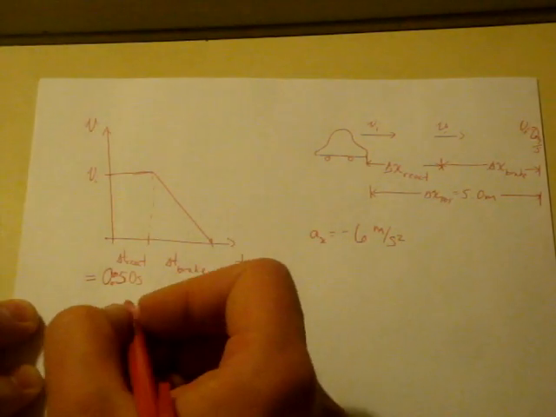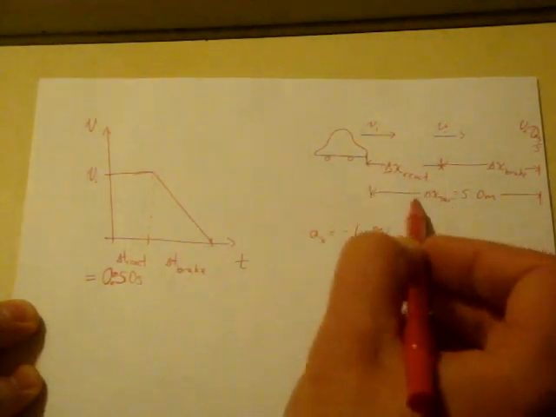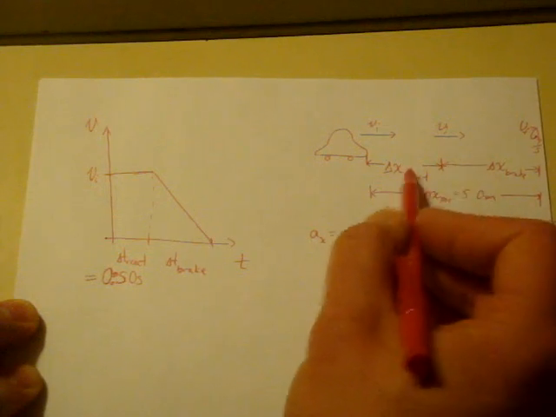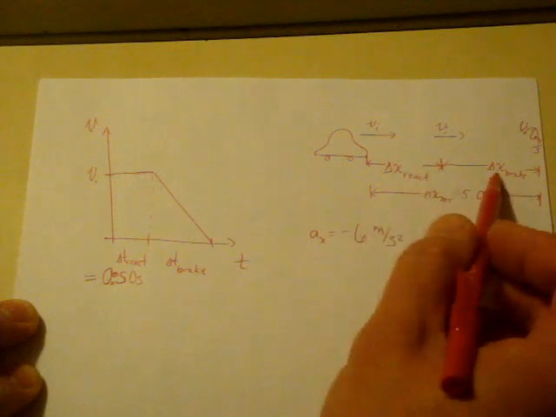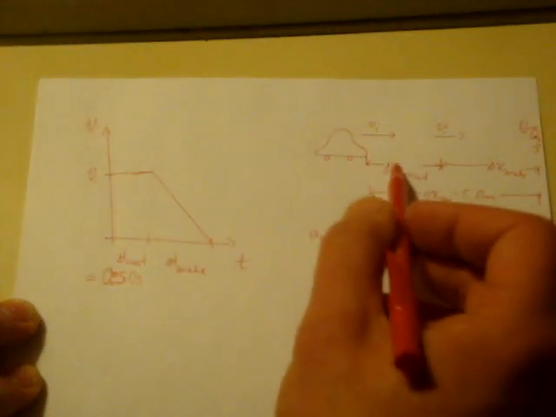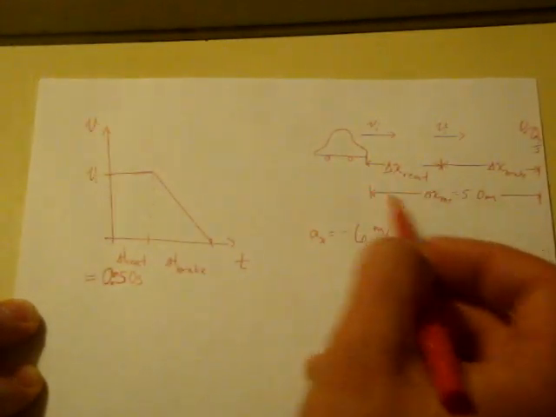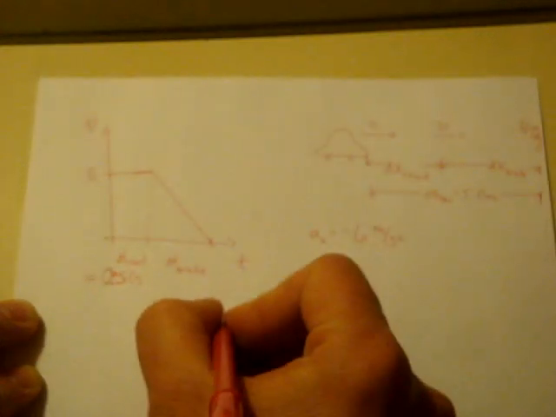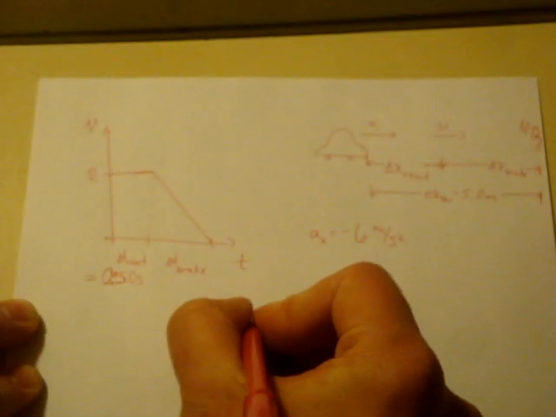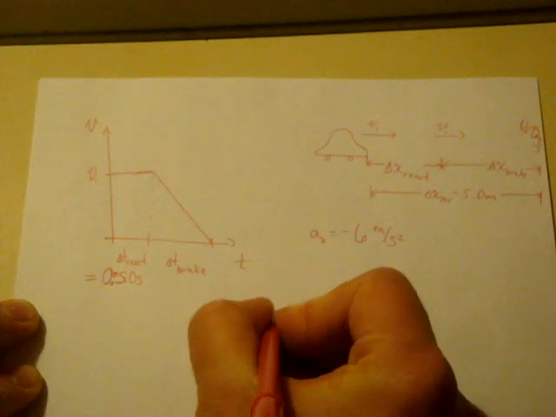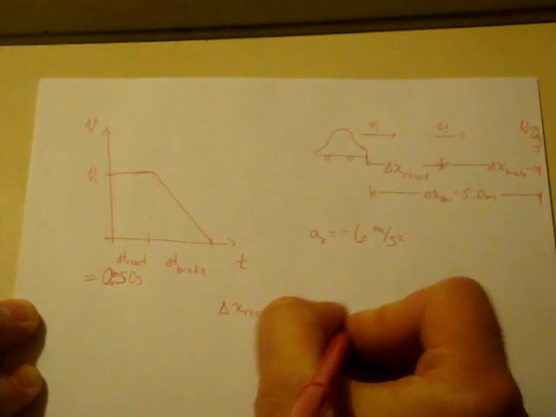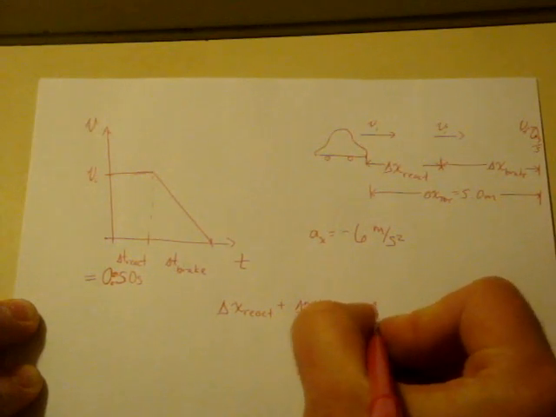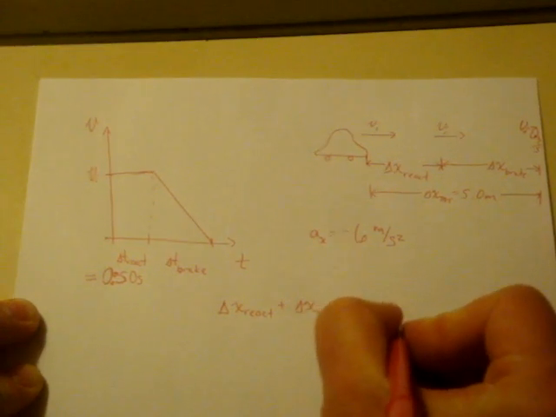For instance, we have information about the total displacement. So if we could find expressions that relate these two individual displacements, we could write a complete equation that would represent the total. So let's start with that. We know that the displacement during the reaction time plus the displacement during the braking time is going to be equal to the total displacement, x total.